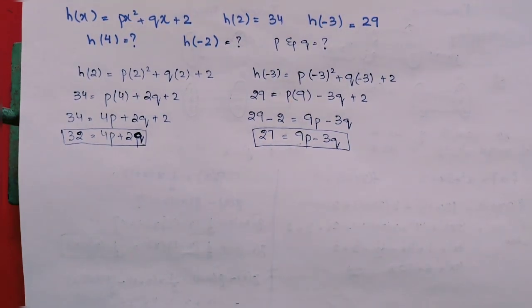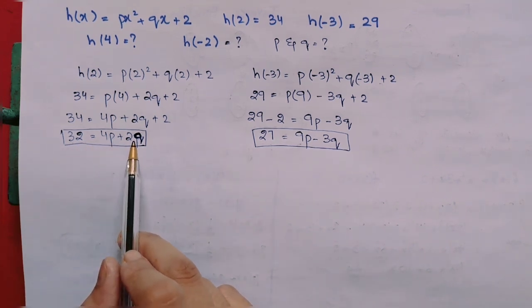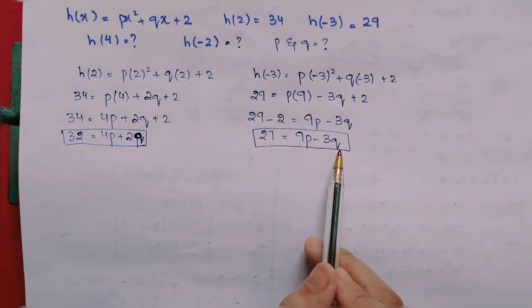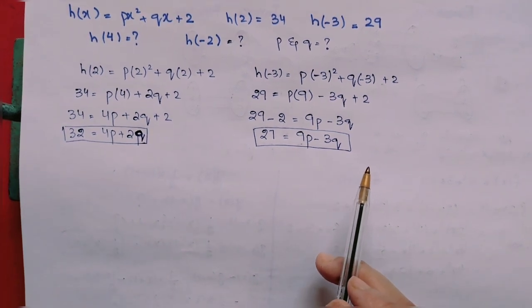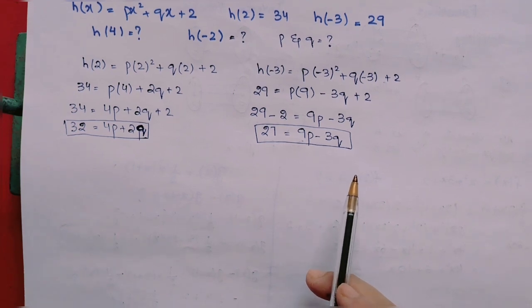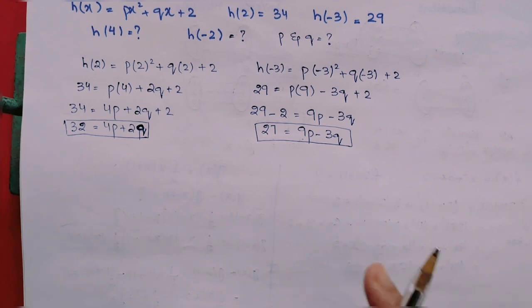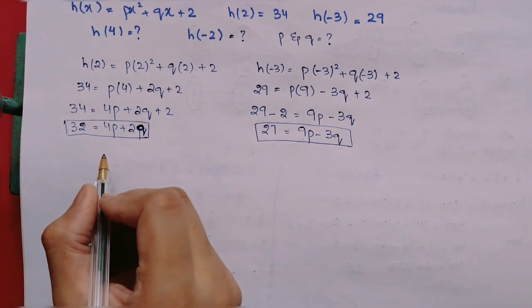Now what will we do, we got the two equations. One is 32 is equal to 4p plus 2q, and the other is 27 is equal to 9p minus 3q. How can you solve it or find the values of p and q? Simply, you solve it simultaneously.